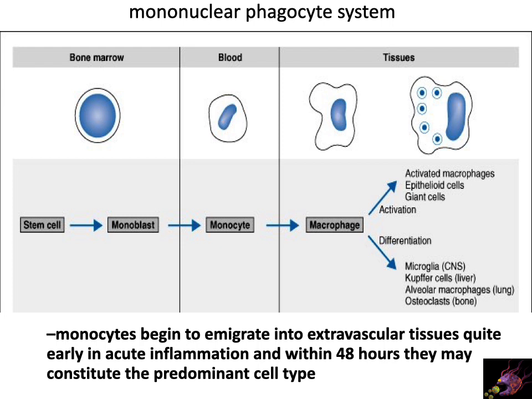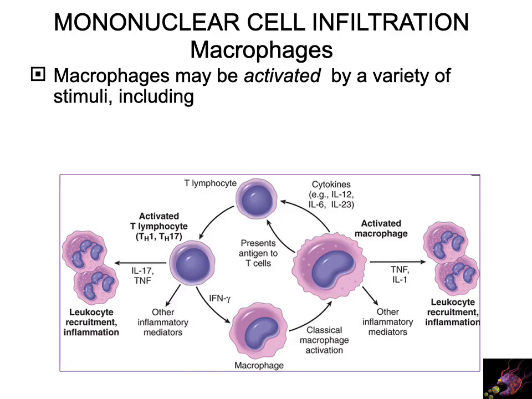Okay? Now, another pathway that macrophages can take is a process known as differentiation. They become specialized macrophages of the organs where they go. In this case, they become microglia, Kupffer cells, depending on where they are in the body. Okay. Now, macrophages may be activated by many stimuli.